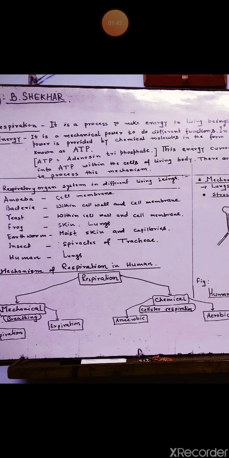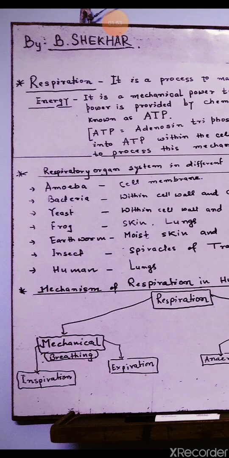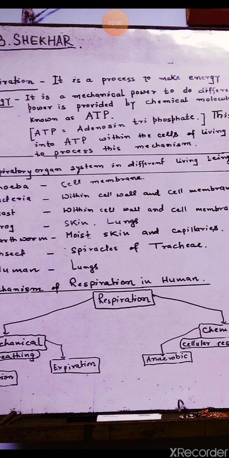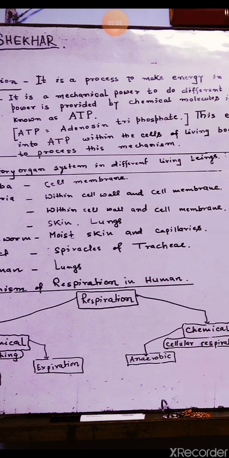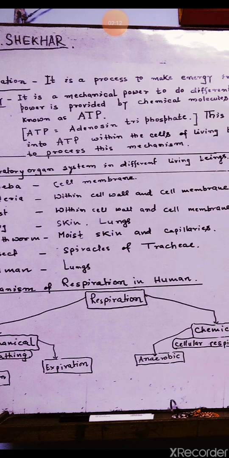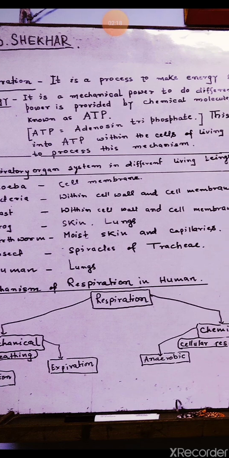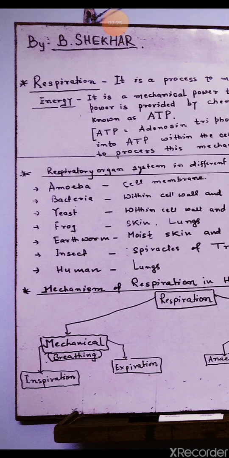Here your screen is displaying that amoeba has the respiratory organ which is the cell membrane; bacteria, cell wall and cell membrane; yeast, cell wall and cell membrane; frog, skin and lungs; earthworm, moist skin and capillaries; insects, spiracles and tracheae; human beings, lungs.